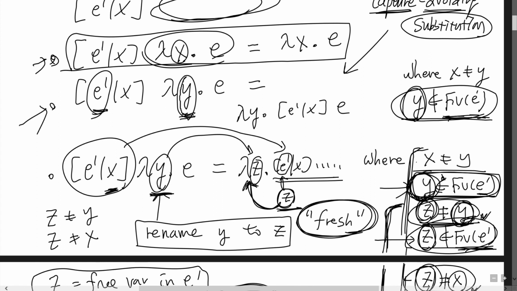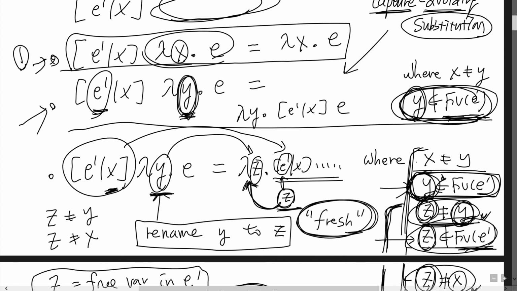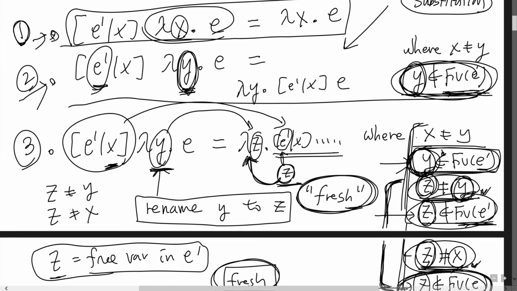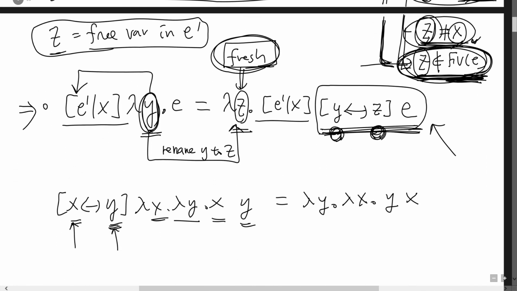And this is the second case, where in order to avoid the capture, we require this new condition. So this is the first case in the last part, and this is the second case, and this is the third case. And the third case is written over here.